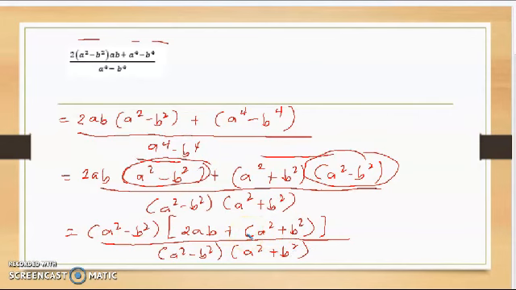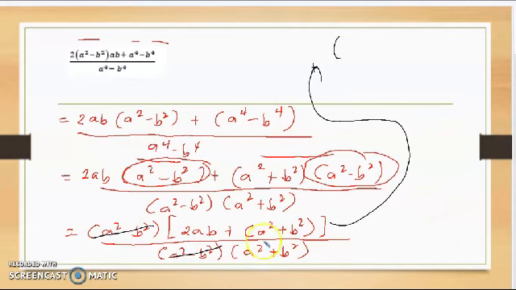Now, in this case, we can cancel a square minus b square. It's because the operation involved here is multiplication. Okay, cancel out a square minus b square. Therefore, we have here the quantity of, but first, by the way, we need to simplify the expression inside the bracket, so remove the parentheses.